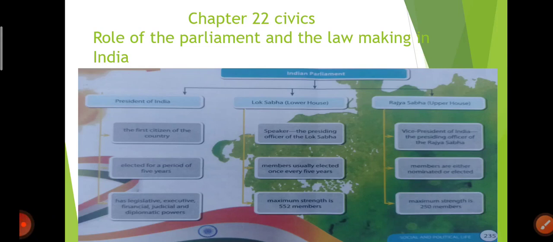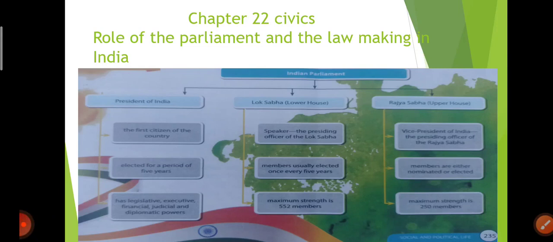He or she acts on the advice of the Prime Minister and the Council of Ministers. The President is elected by an electoral college. He or she serves for a term of 5 years.